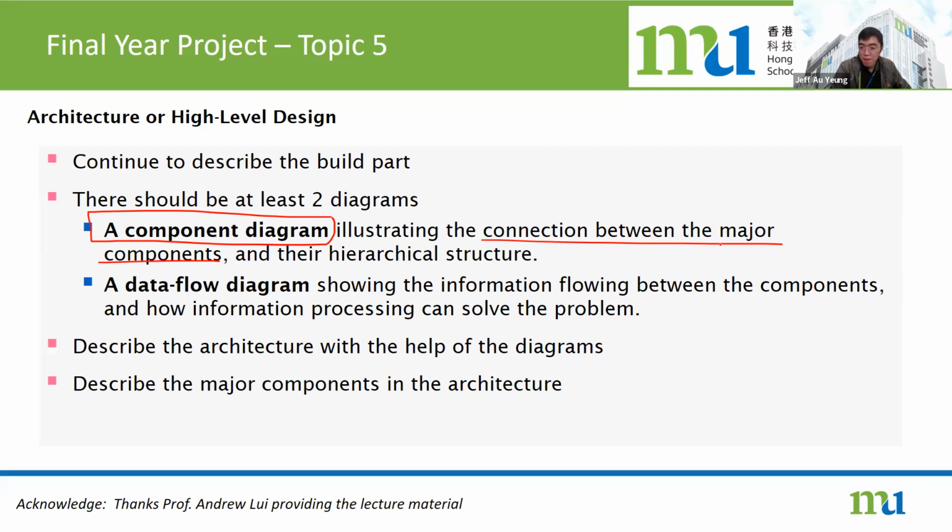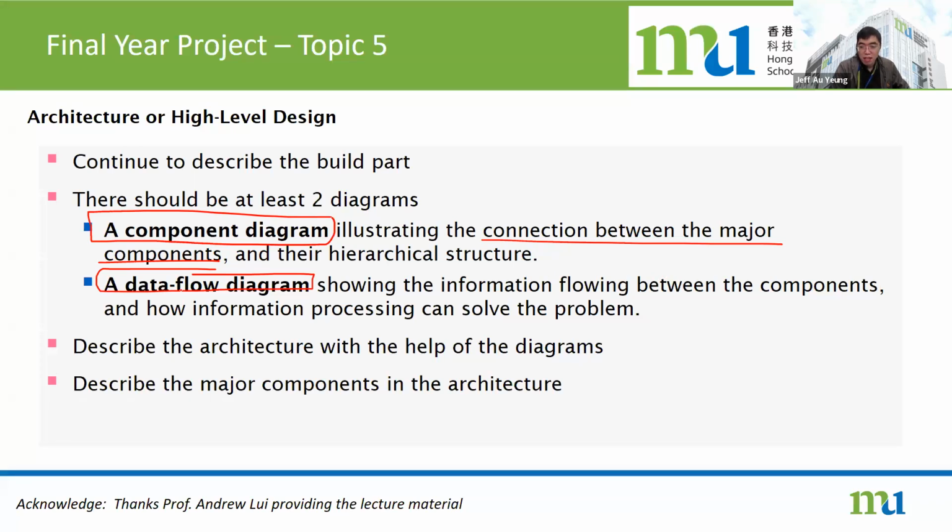And the second one is called the data flow diagram. Now you can create a data flow diagram on top of the component diagram. The component diagram is just to tell you how many components we have.